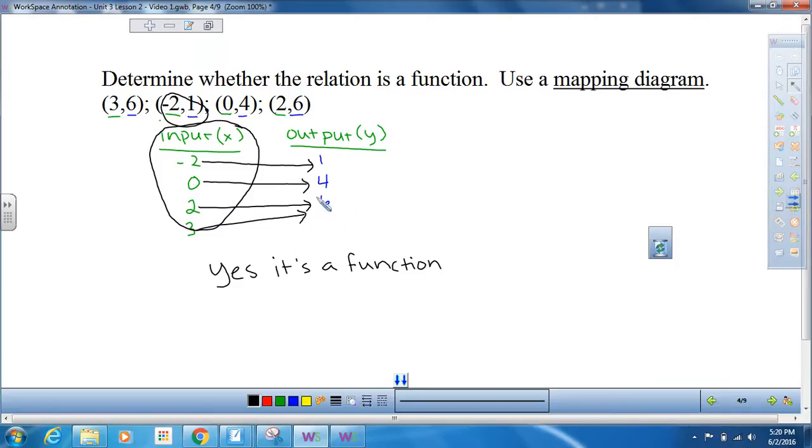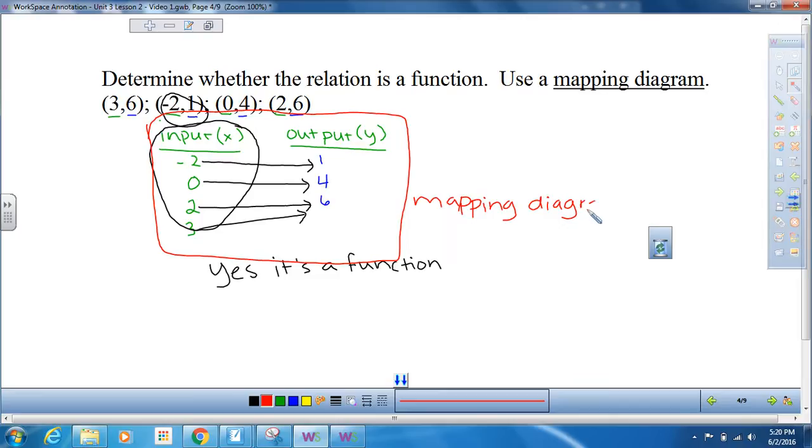They still only had this one output. And this is what a mapping diagram is. So this whole thing, that's our mapping diagram.